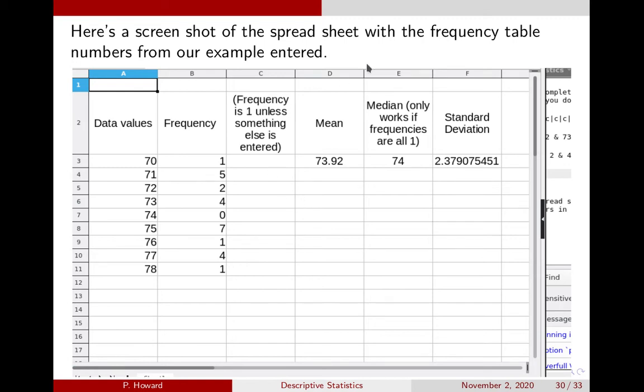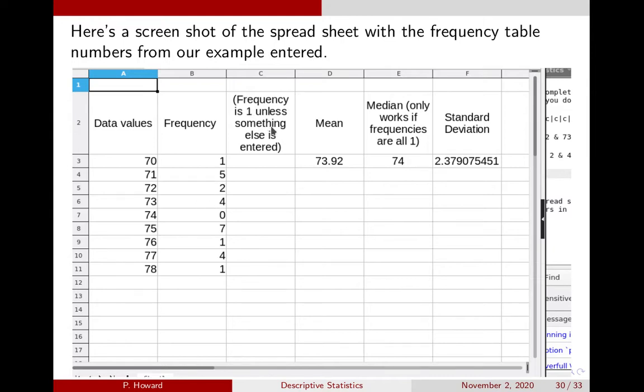So here's a screenshot of the spreadsheet, and I have entered the frequency table numbers from our example. Right under data values are the scores 70 through 78, and then in the frequency column I have listed their frequencies 1, 5, 2, 4, and so on.